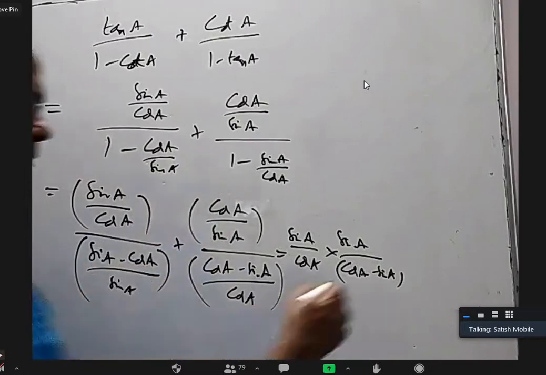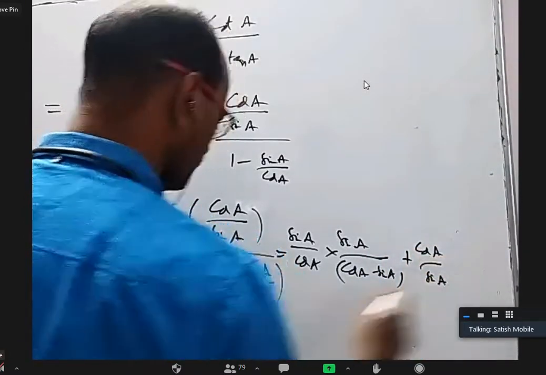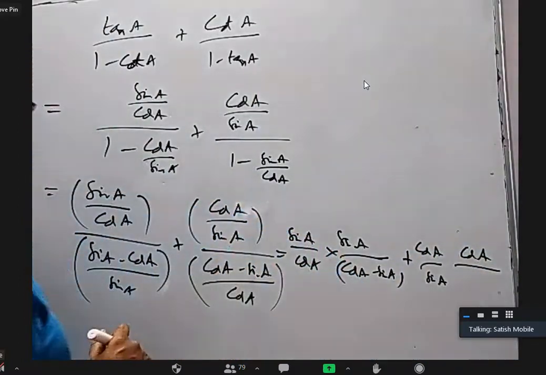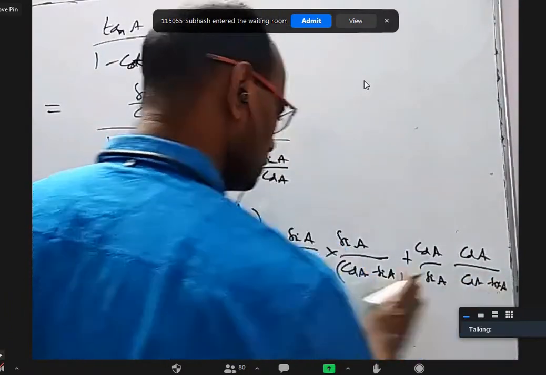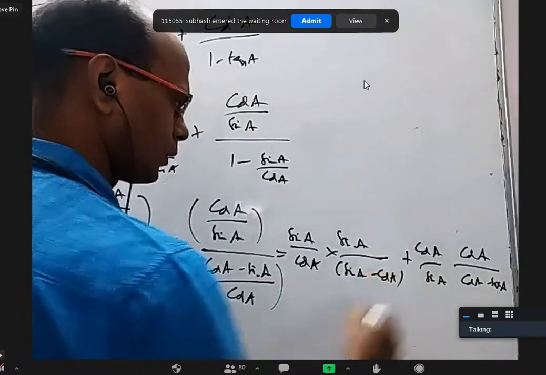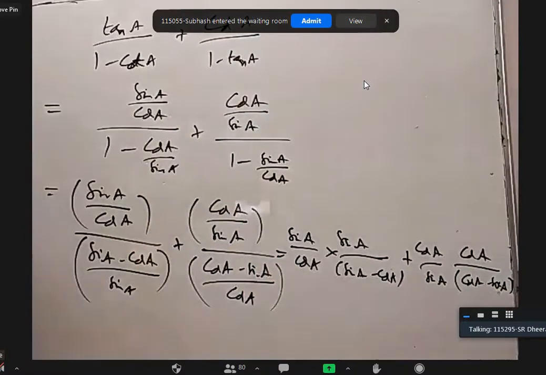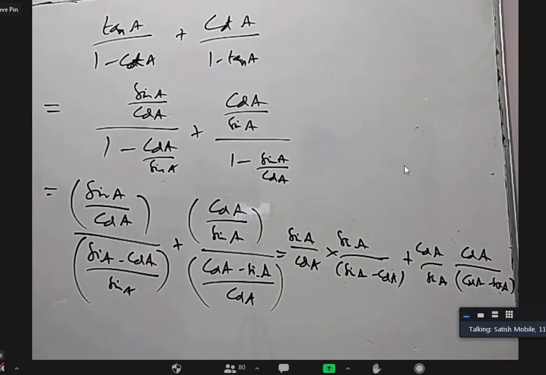Similarly, if I take this up, I will get cos A by sin A. This cos A will go up and this is cos A minus sin A. This is sin A minus cos A. Okay. Sir, I think we can make cos A minus sin A the same as sin A minus cos A. Yeah, I can take minus common and do it.